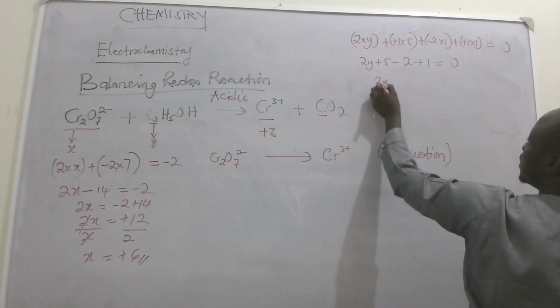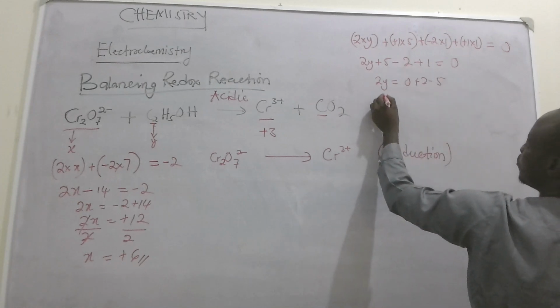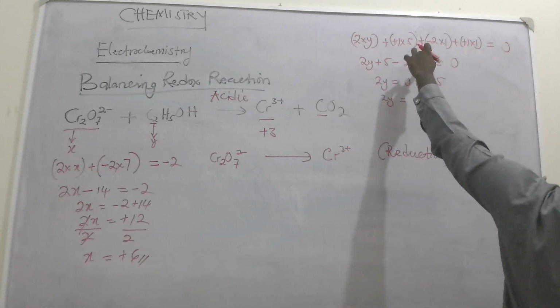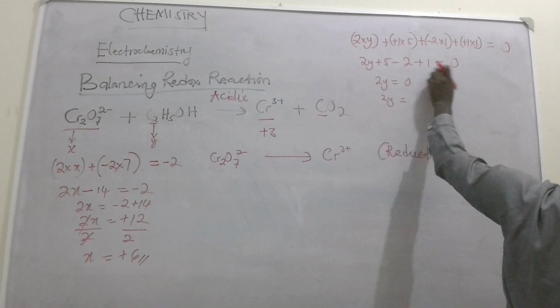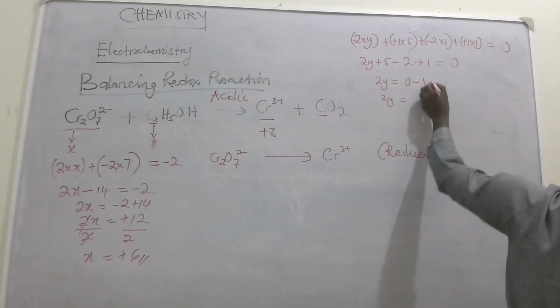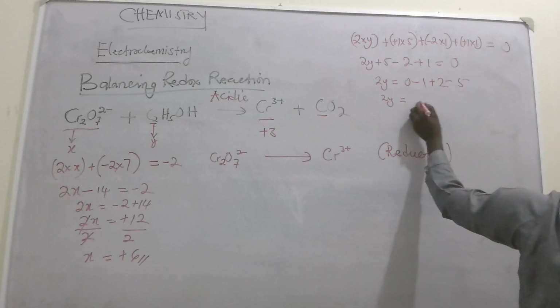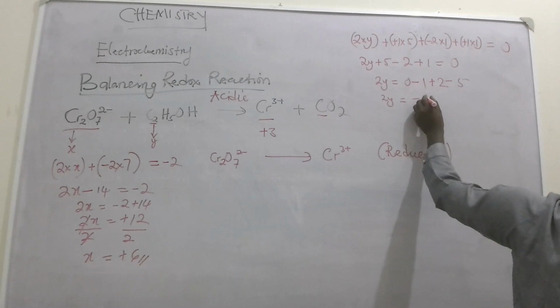So we now have 2y is equal to 0 plus 2 minus 5, minus 1. When we transfer the terms, the signs change, so we have minus 5, minus 1, plus 1, giving minus 4.